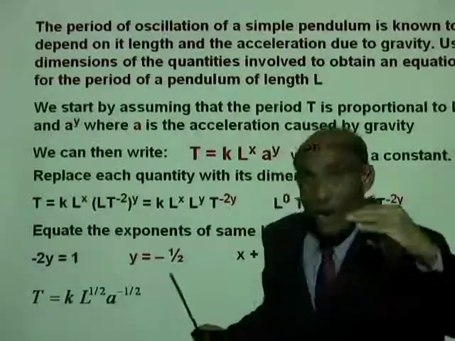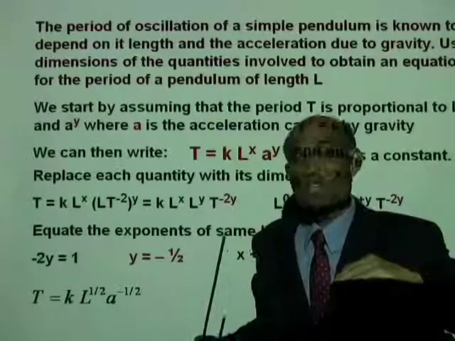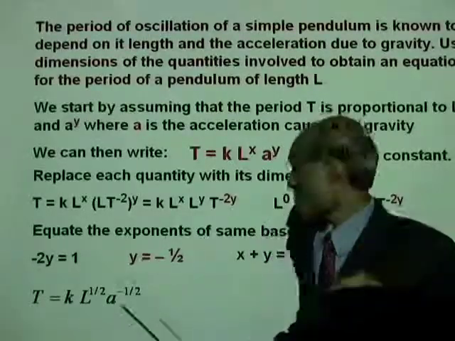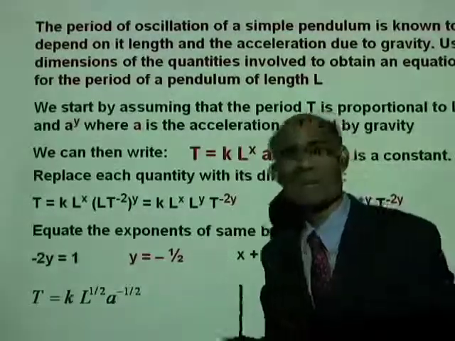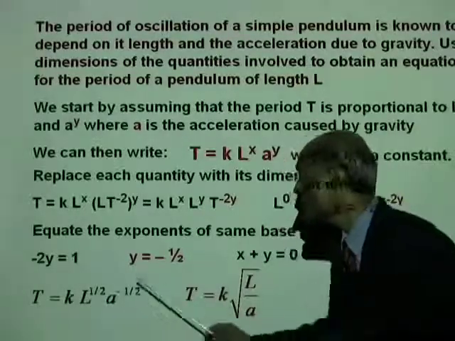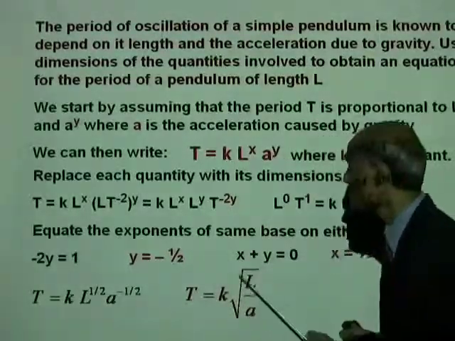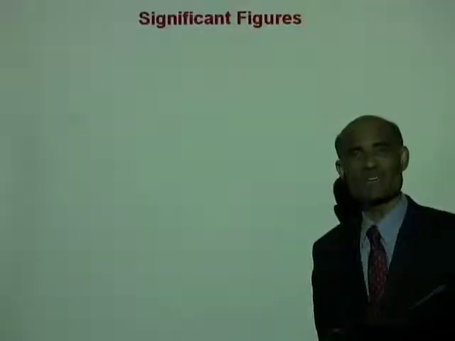It is 1 over a to the power of 1/2, which is 1 over square root of a. So how do you now write this in a more civilized way? That will be T equal to k times square root of L over a.